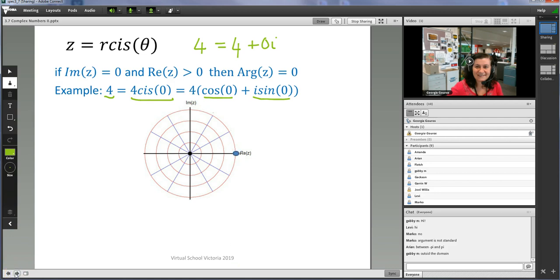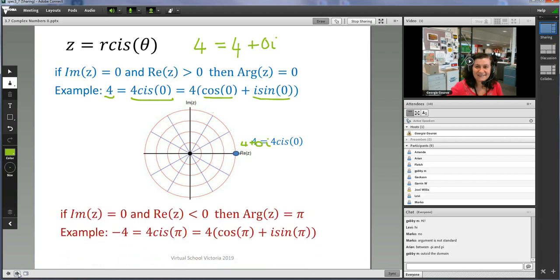So we're going to use that, and we're going to see that that's where 4 is. That's 4 plus 0i. We put that on the Argand plane, and that's where it is. And we've got negative 4 on the other side, over here. Negative 4 can be expressed as 4 cis of pi.